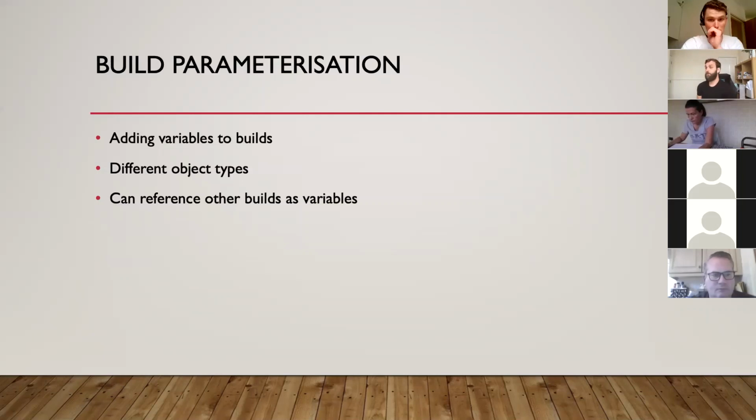And you can parameterize your builds. This gives you the ability to add variables to your builds. The variables can be of different object types. You could have a Boolean variable, you could have just a typical string. You can reference other builds as variables. So you may want to say, I'm not necessarily dependent on this build, but I need to know that it was successful previously.